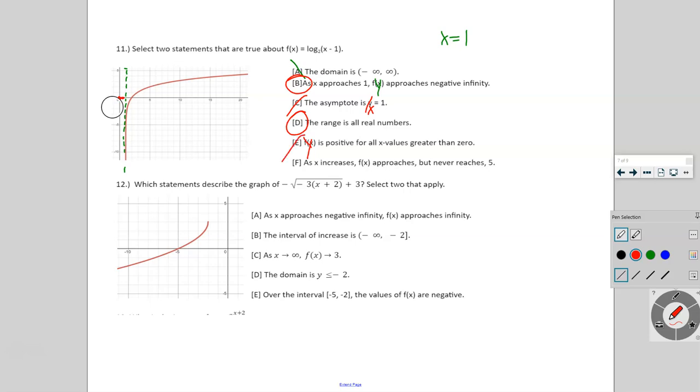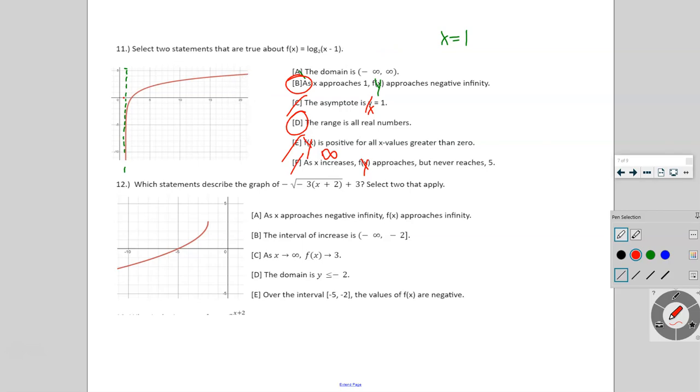And the last one, F: as x increases, which means going toward positive infinity, where the x's are getting greater and greater in this direction, f of x, my function, approaches but never reaches 5. So it's saying on the right side, at positive infinity, my function is approaching 5. Does it look like it's approaching 5? Yes, it does. But again, the function keeps going. There is no horizontal asymptote, so that could not be true.